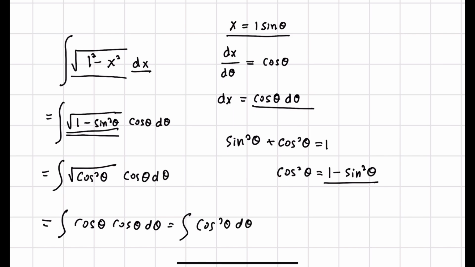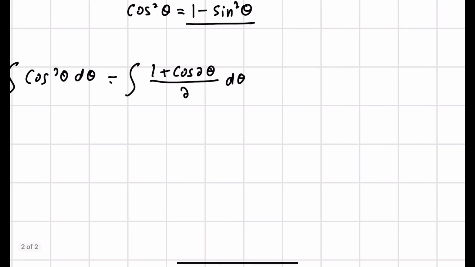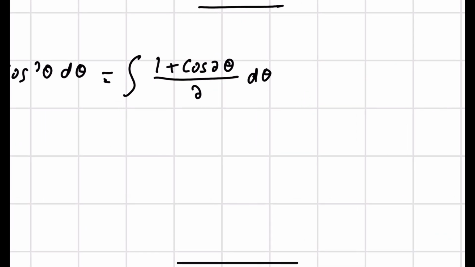Now we can simply use the identity where it is the integral of 1 plus cosine 2 theta over 2. And now let's integrate this. This could be split into two parts: the integral of 1 over 2 plus the integral of cosine 2 theta over 2.